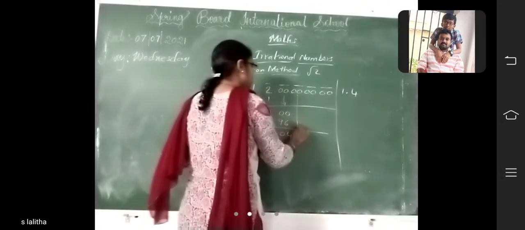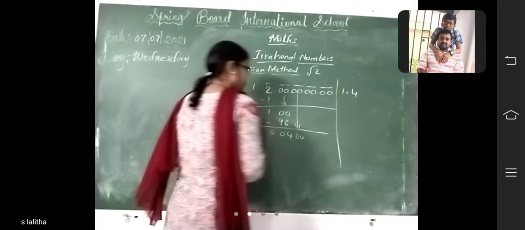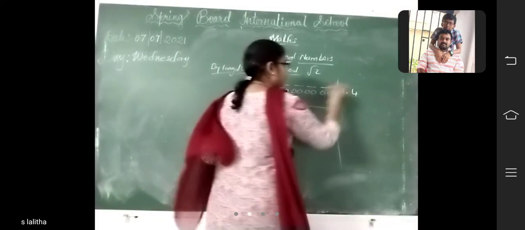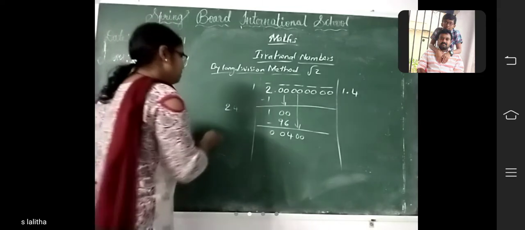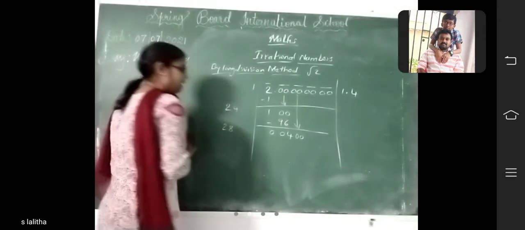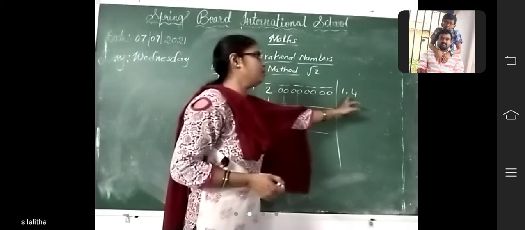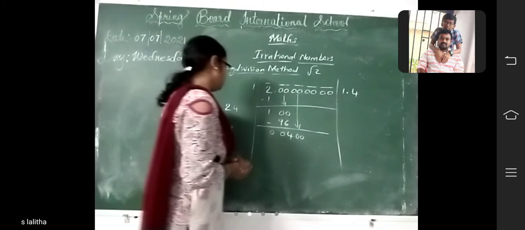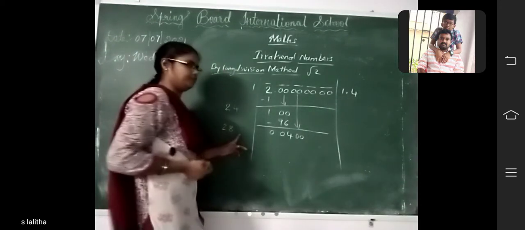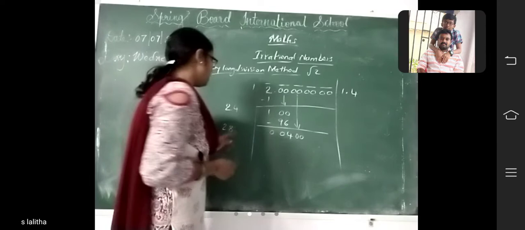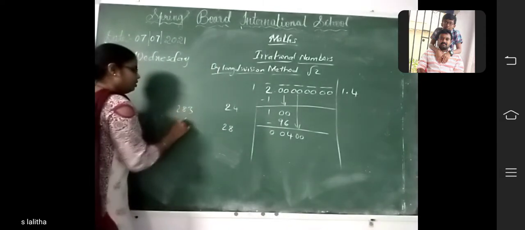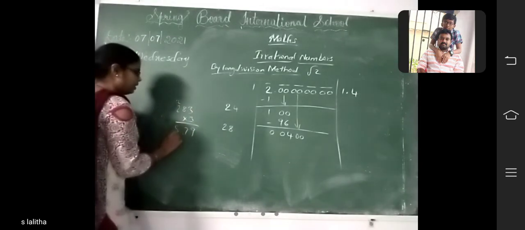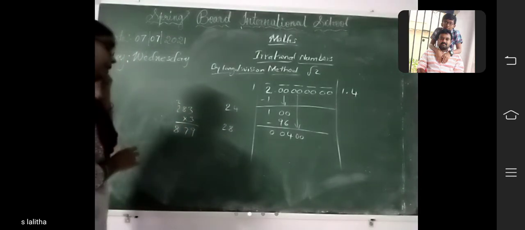Now I can bring down two zeros. Now here what is the number? 14. 14 double, what is the number? 28. 14 twice is 28. And next, what do you have to write here? Suppose we take 3 into 3: 3 threes are 9, 3 eights are 24... plus 2 is 26, 3 2 6, that is 879.